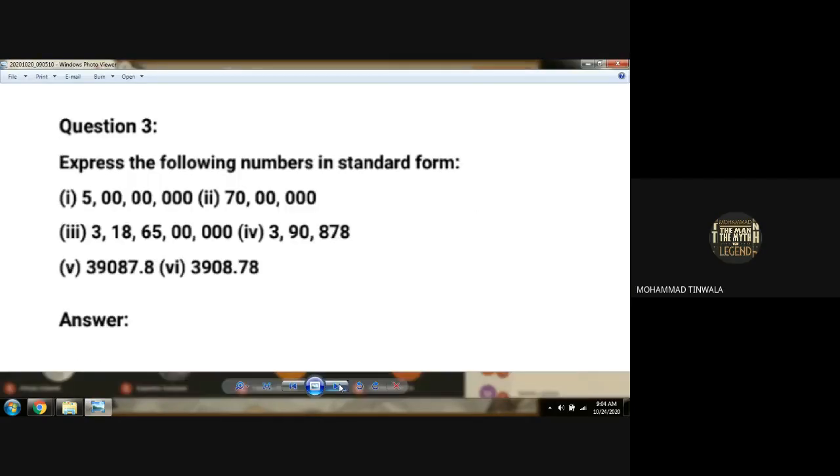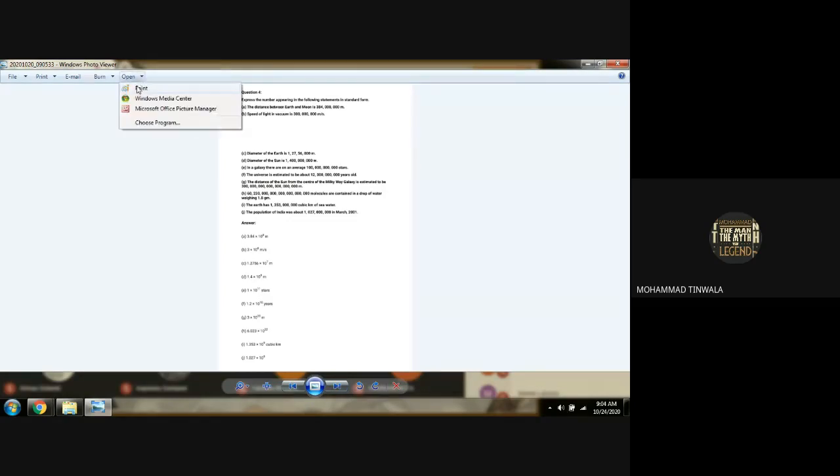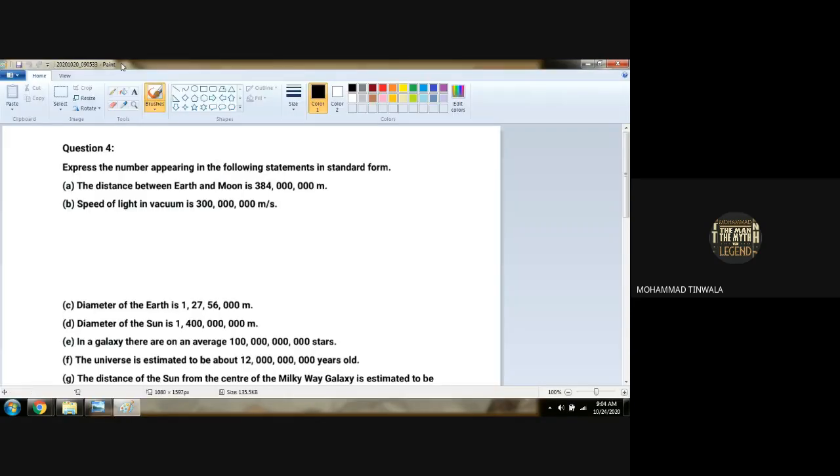So we are in question number 4. Chalo, read kar Aisha. Question number 4. Express the number appearing in the following statement in standard form.